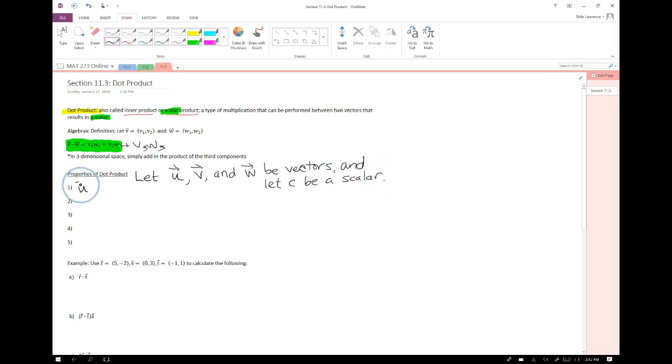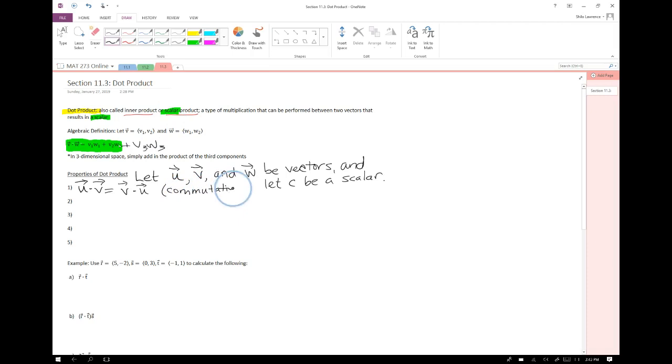Then u dotted with v will always give you the same result as v dotted with u. So the order of the vectors when you're doing the dot product does not matter. And this is called the commutative property.